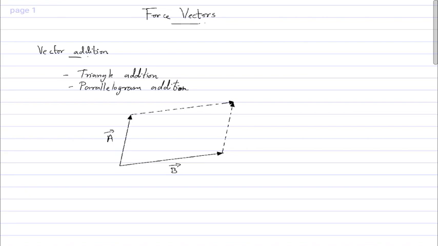So now we have this parallelogram with A and B as the adjacent sides, and to get the resultant, we would just draw the diagonal, and essentially that represents A plus B. And as you know, you would be given certain sides or the magnitudes of these vectors and the angles that they make with either each other or with a reference axis, and then you can use simple geometry to find the diagonal. So basically that's the parallelogram law of addition.